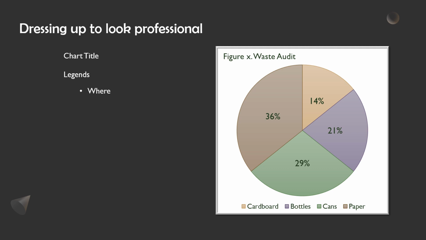Consider whether you need a legend and where it should be positioned. Determine whether you'll need data labels to clearly and quickly communicate relevant information. Think about whether you should use a three-dimensional chart. They look spiffy, but sometimes it's harder to see the differences between categories.